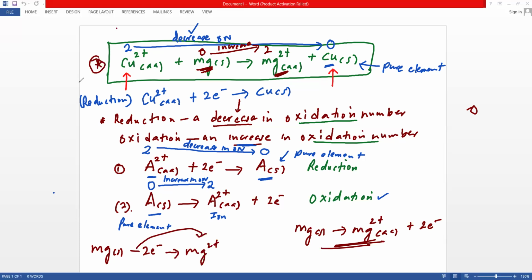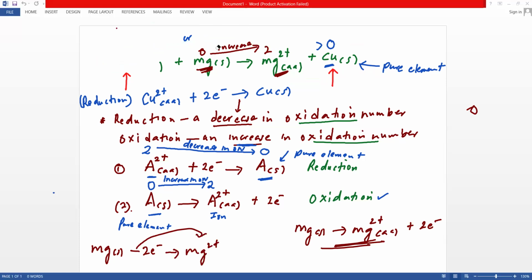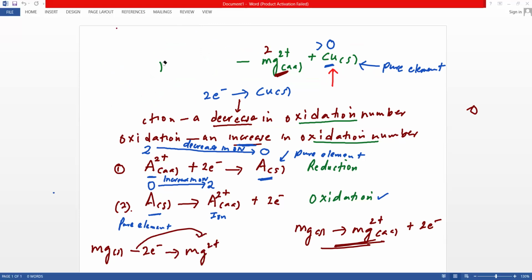So we defined reduction and oxidation in terms of electron transfer, and we defined them in terms of oxidation number. We spoke about that. Now we can move on to the next part. In this session, ladies and gentlemen, we'll be talking about 2 types of electrochemical cells, one being a galvanic cell and the other an electrolytic cell.